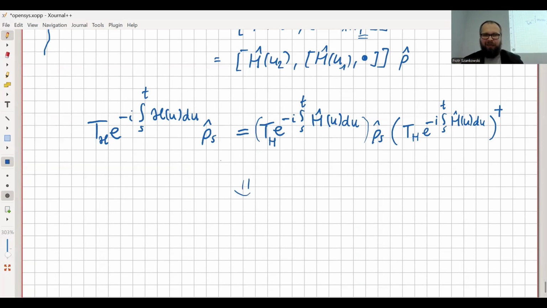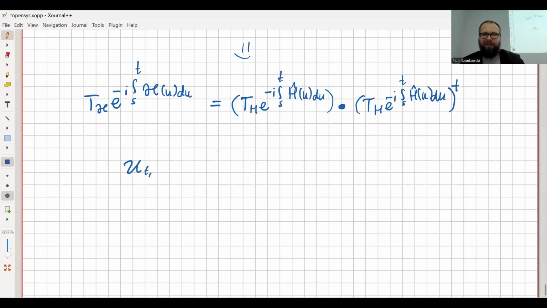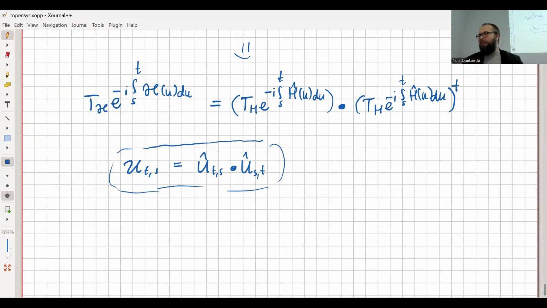So this implies that the time-ordered exponential of the adjoint Hamiltonian, e^{-i ∫ ...}, equals the evolution operator U bullet the evolution operator U dagger, or in shorthand, the calligraphic U equals U_{ts} bullet U_{ts} dagger. This is sometimes called the Baker-Hausdorff-Campbell identity.